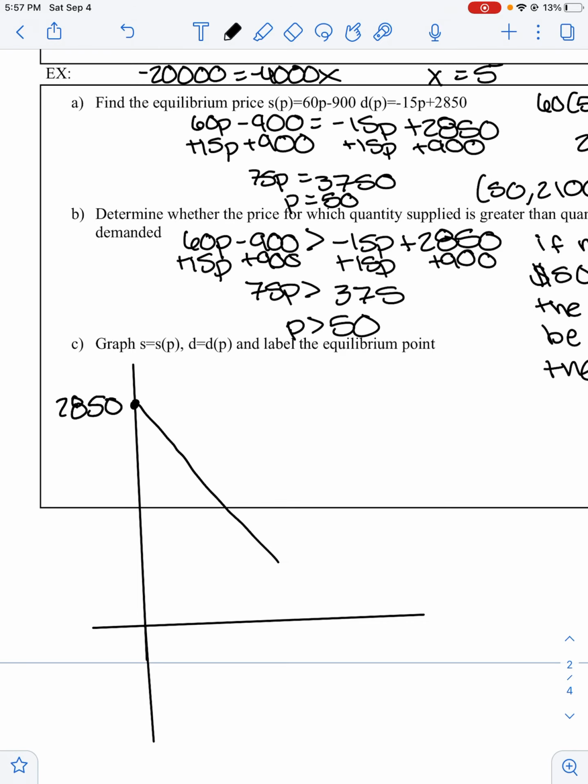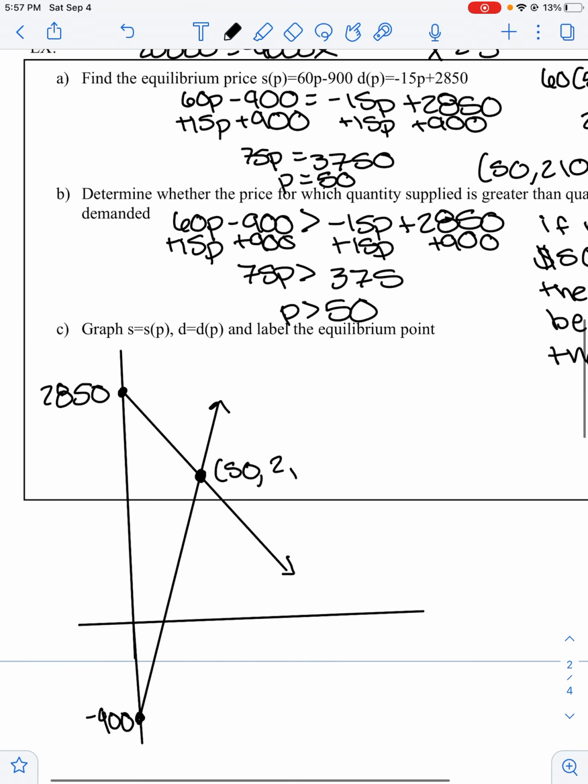And then it has a negative slope. And then the supply has a y-intercept of negative 900, so I'll put it about there. And it has a steeper increasing slope. And then I'm just going to label that point 50, 2,100.